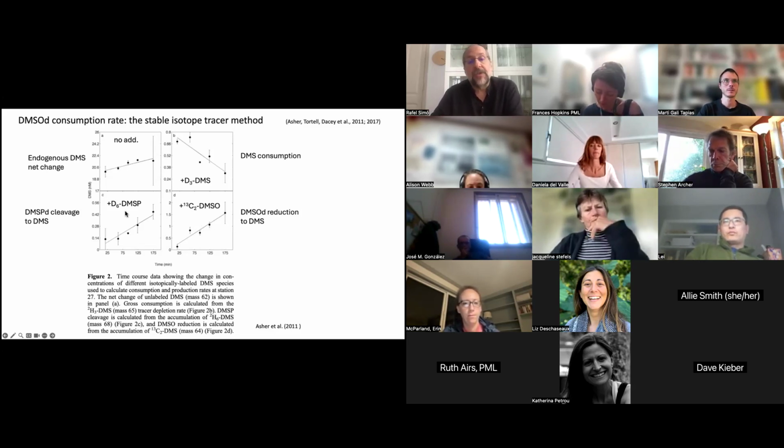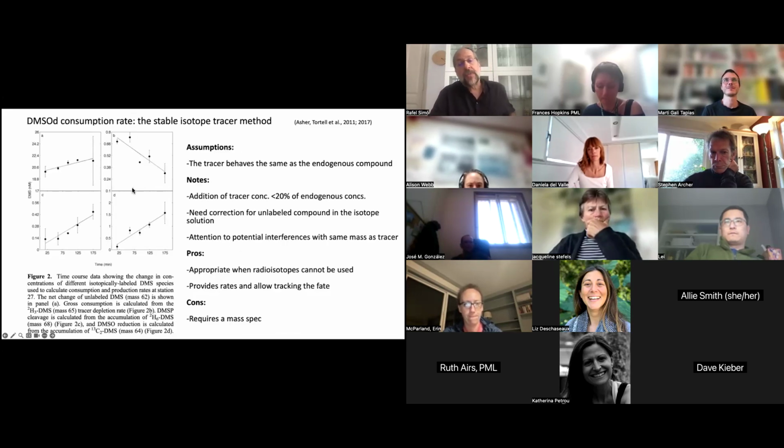By doing a similar thing with DMSP, by adding deuterated DMSP and then monitoring the appearance of deuterated DMS, we can estimate the cleavage rates, or by adding deuterated DMS and then looking at its loss, you estimate DMS consumption, and this would be the endogenous DMS net change.